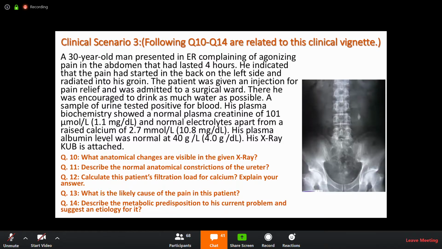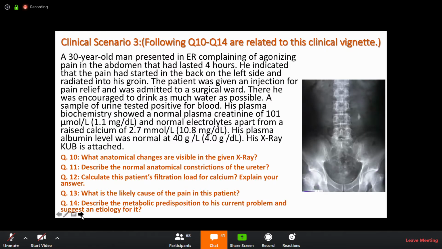These 3 are the normal anatomical constriction sites. Guys, these sites are just normally narrow, and that's fine. When stones migrate, they usually get stuck in these narrow sites, which helps in picking up these calculi on their pathway. I hope I have answered this question. If there is any concern, please write in the chat so I can get back to you with my answer.